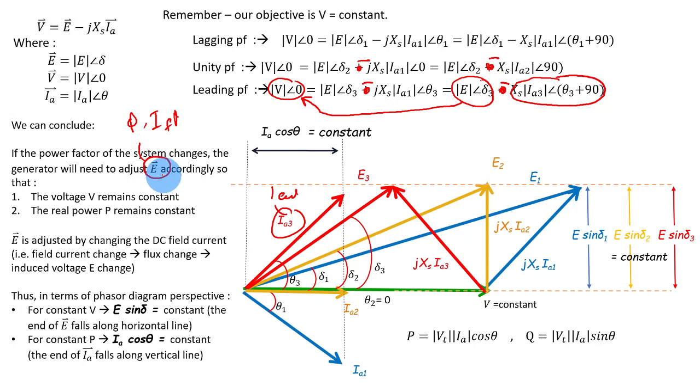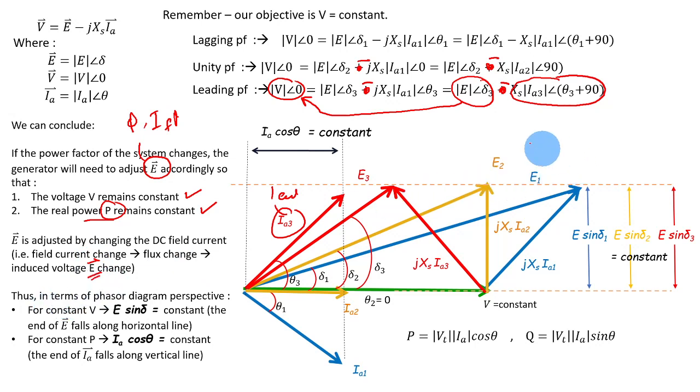So basically E needs to be adjusted so that the voltage remains constant and the real power remains constant. That's the requirement from before, right? You want P to be constant, and then the voltage to be constant. So E is adjusted by changing the DC field current, as I said just now, and the DC field current will change the flux, and the flux change will also change the internal voltage, the E.